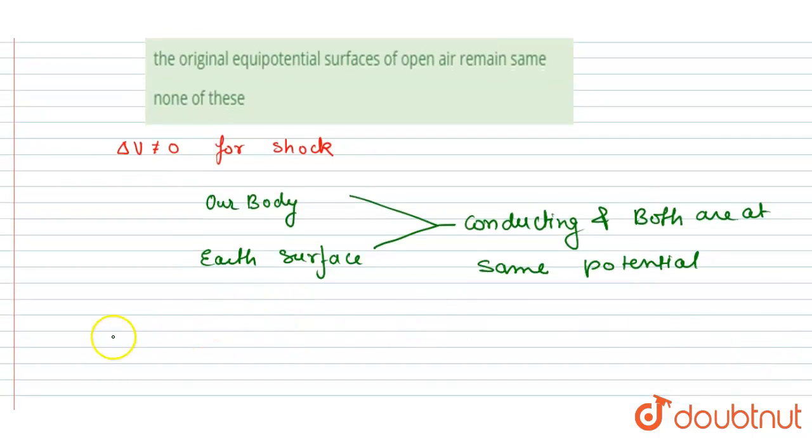So we can conclude they form an equipotential surface. Our body and this earth surface form an equipotential surface, right?